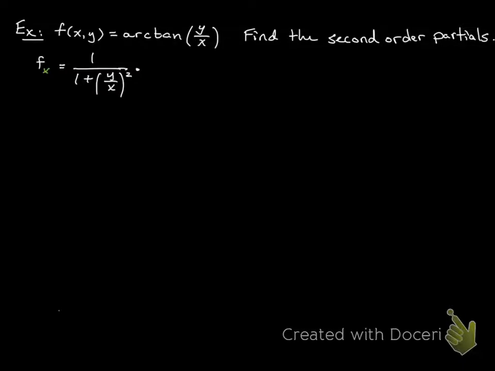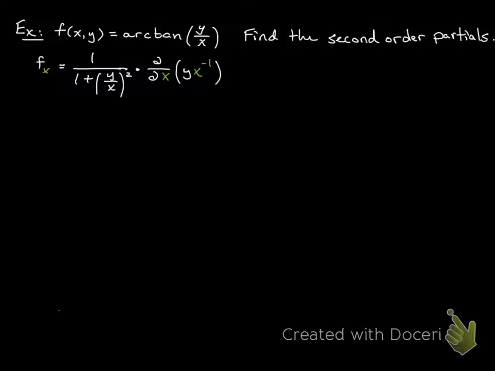Okay? Since y is a constant, I'm taking a partial with respect to x of, how would I take a derivative of a constant over x? Well, I'd have to bring the x up to a -1 power. So I'm going to try to outline, when I'm paying attention to a specific variable, I'll outline that in the variable's color.